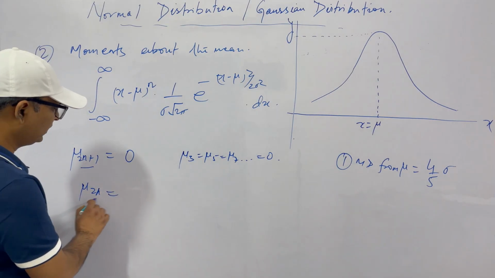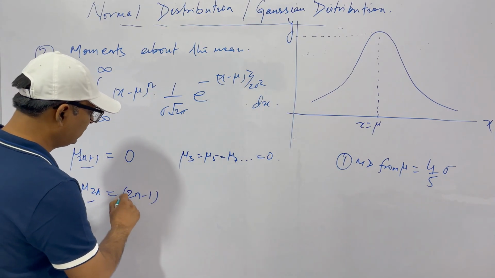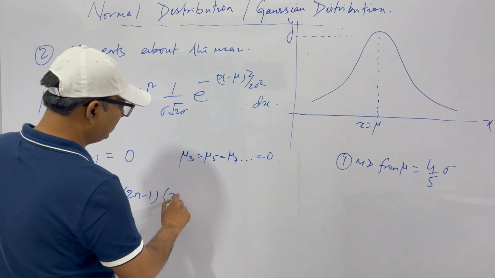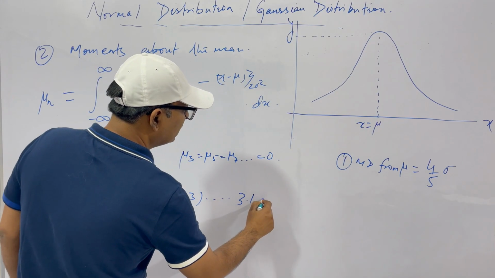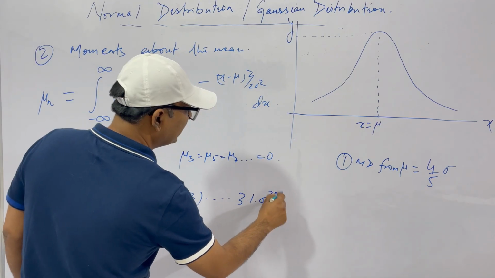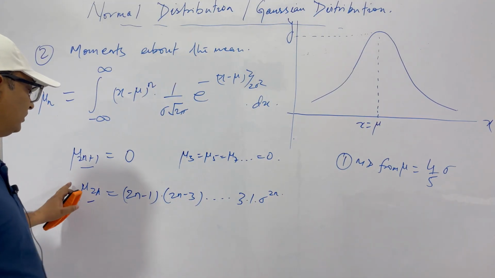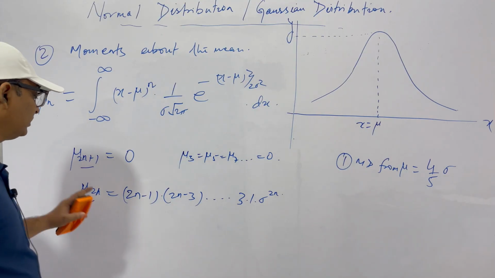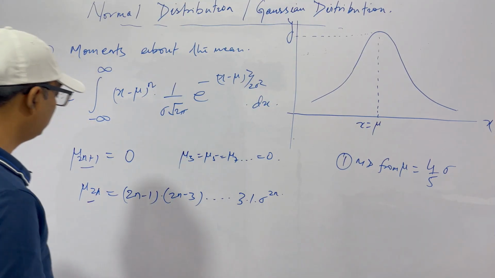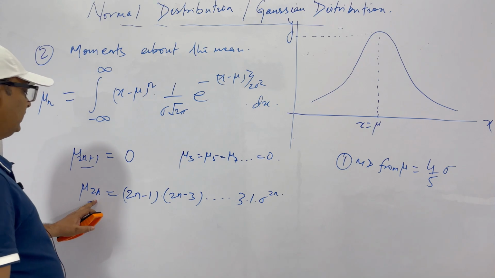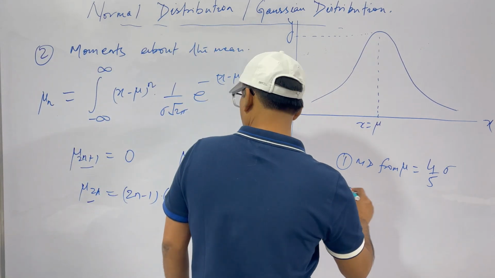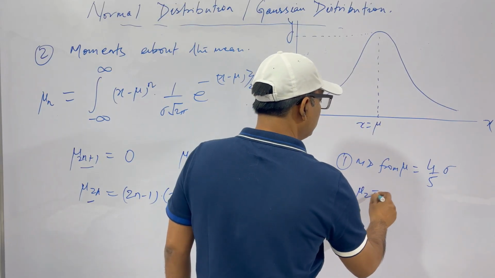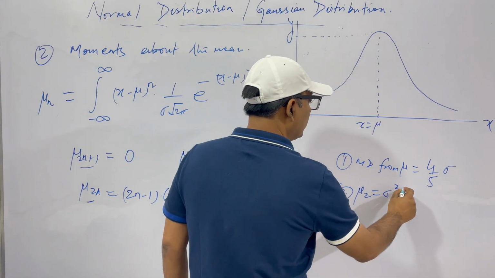And the even moments you will get as (2n minus 1)(2n minus 3) up to 3 into 1, and then sigma to the power 2n. This will be the value of the even moments. Particularly, if you put n equal to 1, that is mu 2, mu 2 will be sigma square.